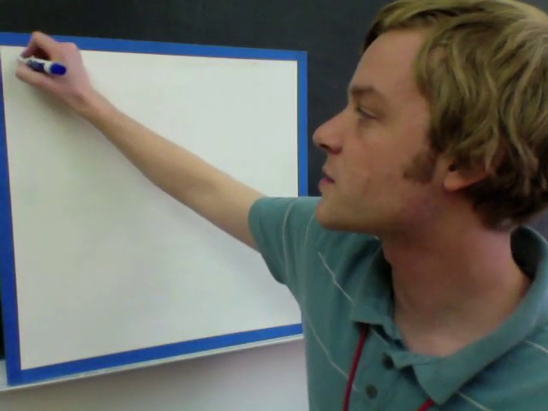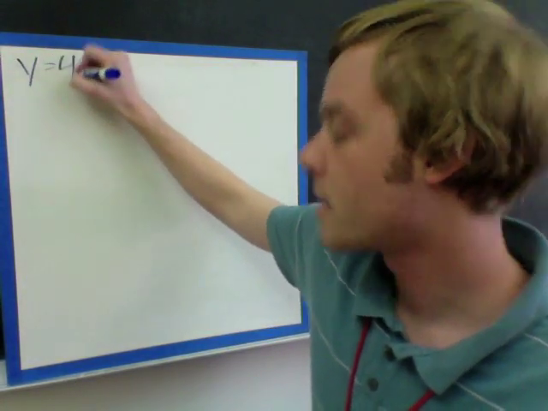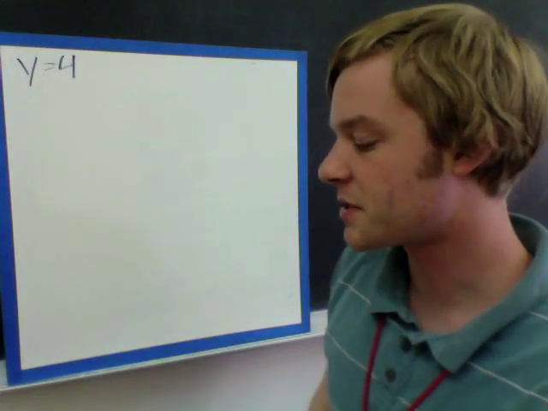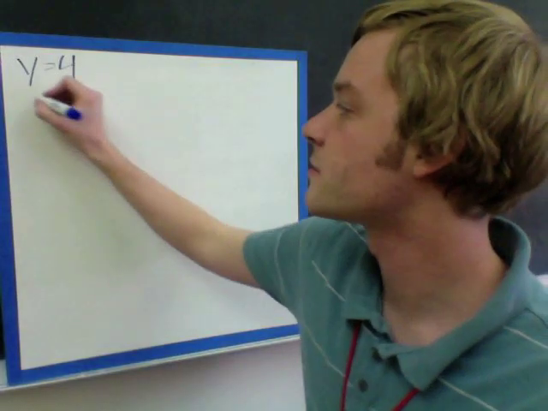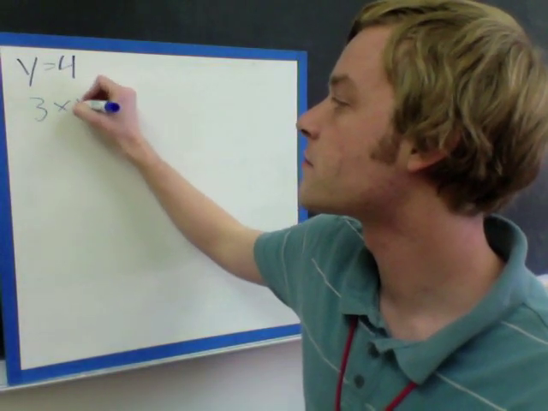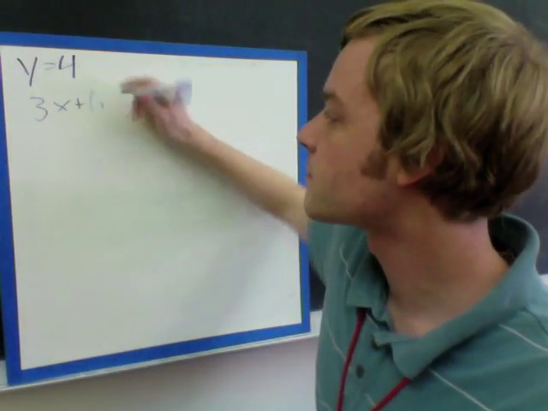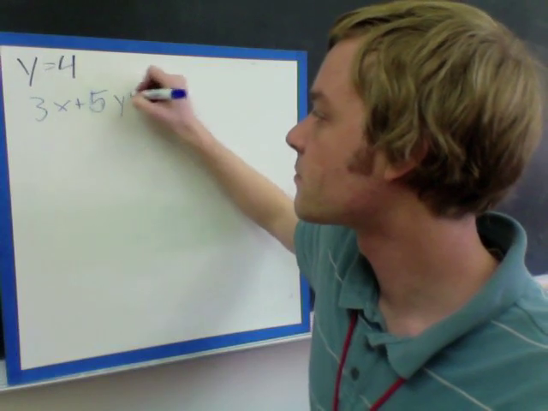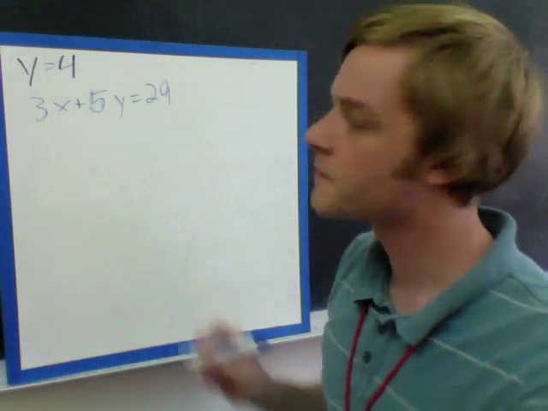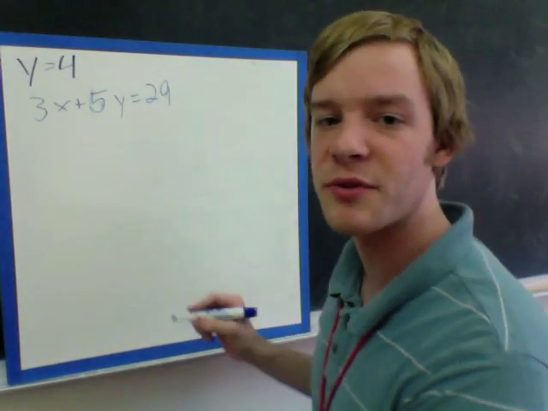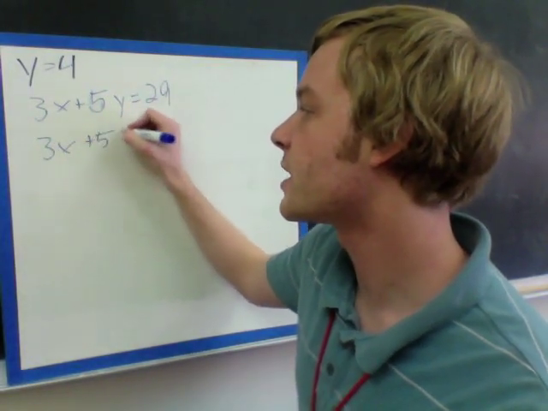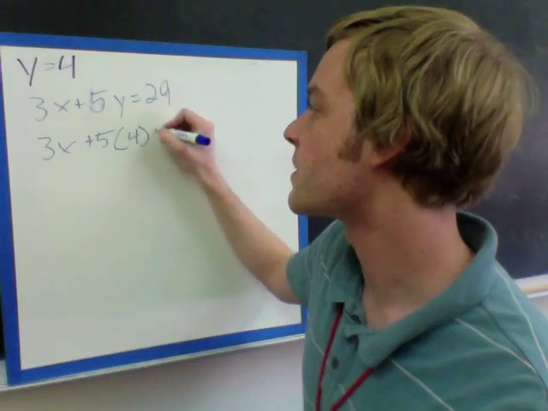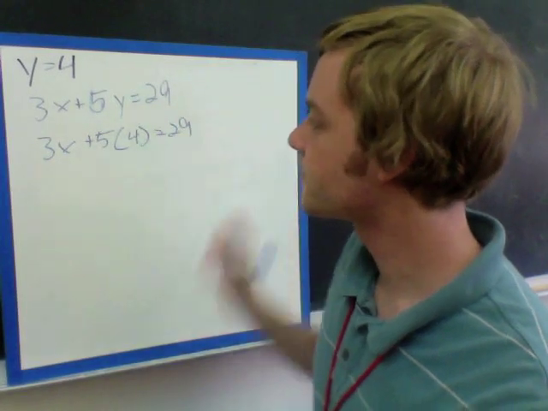So we have y equals 4, and then I'm going to choose to plug it into the first equation, 3x plus 5y equals 29. So I'm going to replace the y with 4 here. So I'll have 3x plus 5 times 4 equals 29.